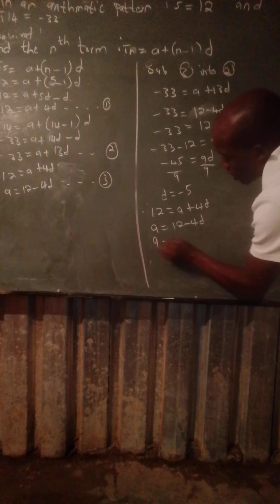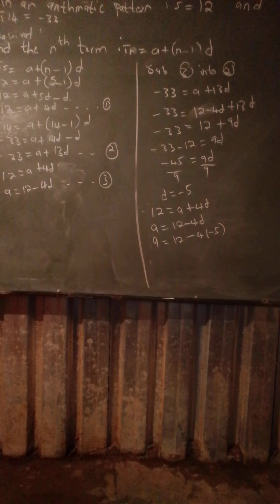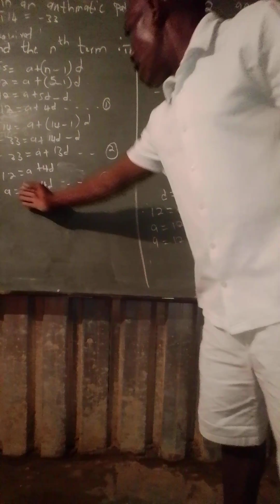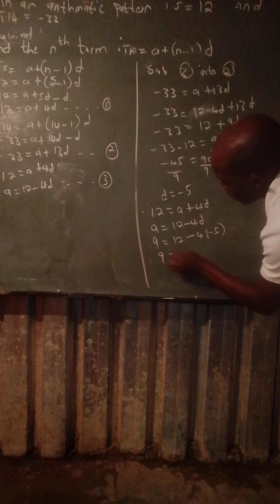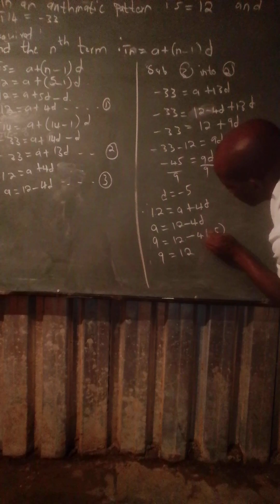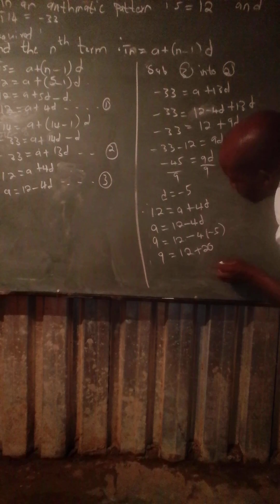Now, I will substitute d equals negative 5. Then a equals 12 minus 4 times negative 5, which will be plus 20.